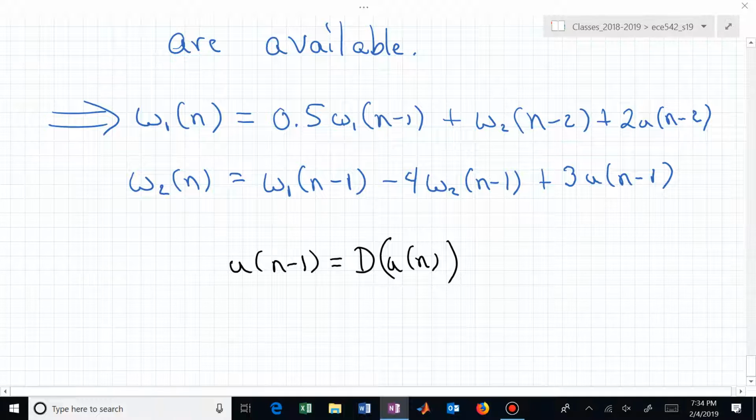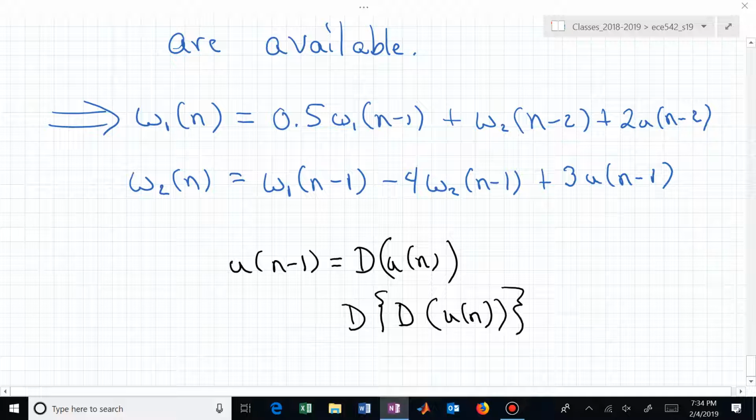Is that clear? And if I now had D of D of U of n, what does that equal? U of n minus 2. So that's the idea of nesting delay operators.